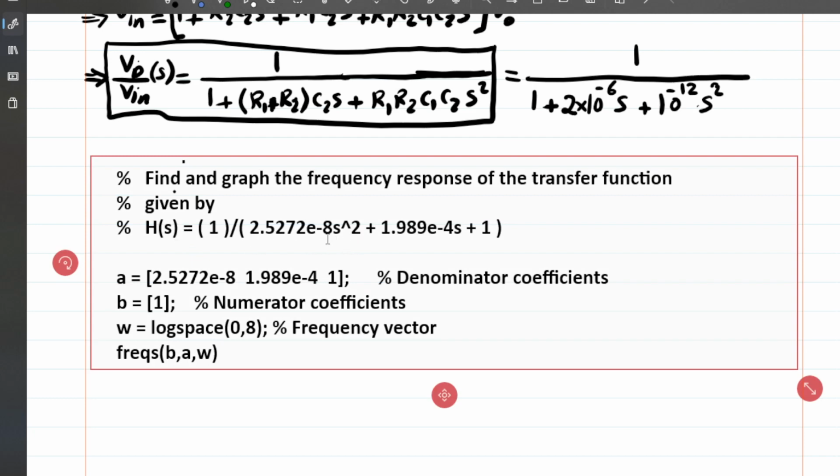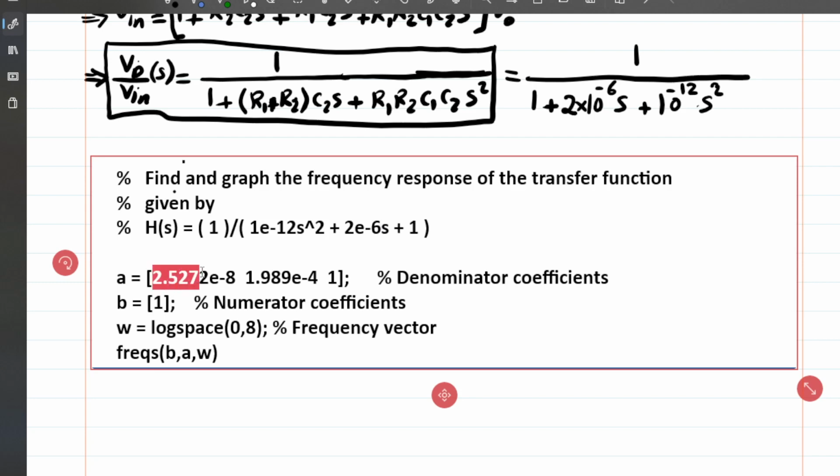I have to change this to, let's say, 1e to the negative 12, and here you have to change this to 2e negative 6, and then correspondingly you have to change these, and this one.